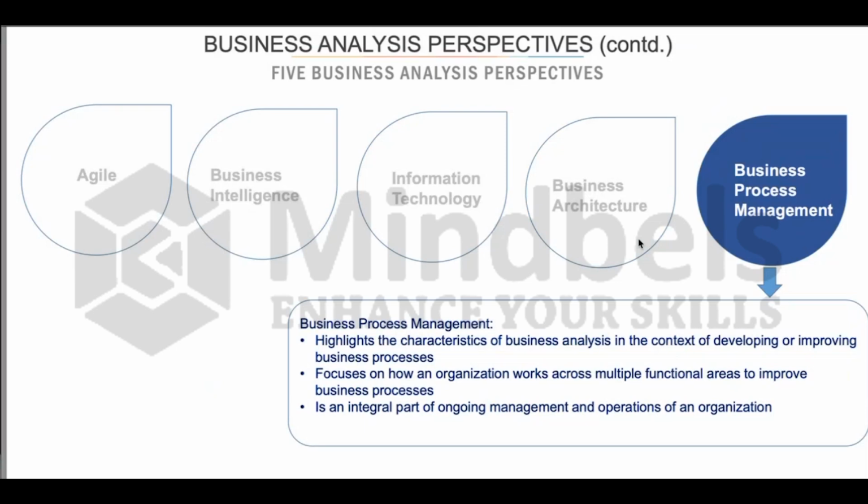It's going to be more of updating the process. You're helping them increase their quality, increase their efficiency, and reduce employee turnaround times. That's your business process management, which is nothing but working on existing business models or existing business processes.